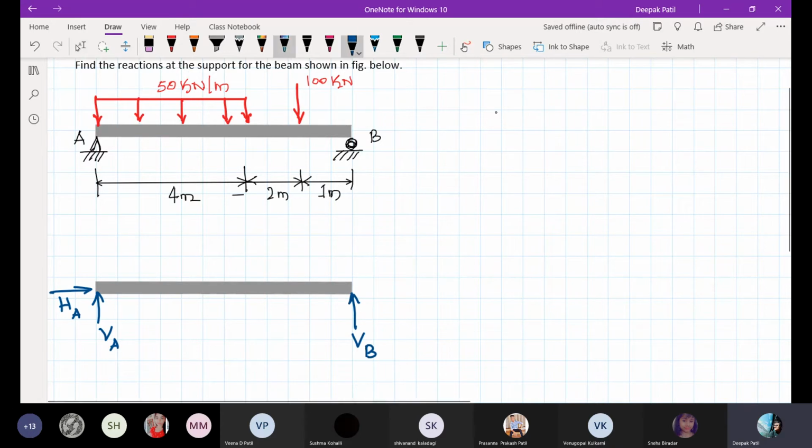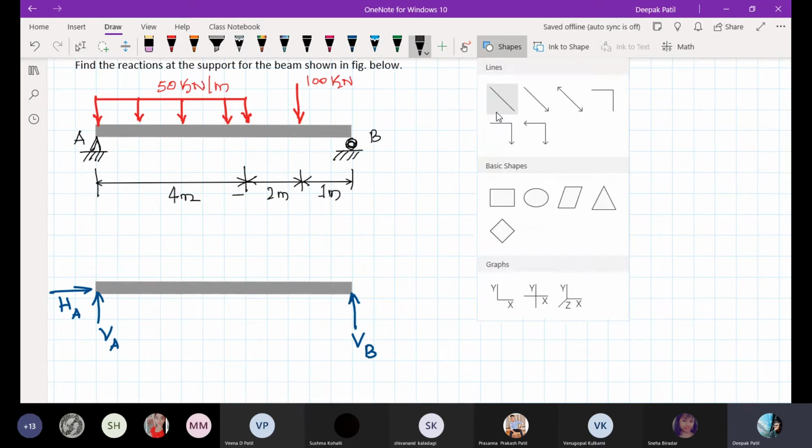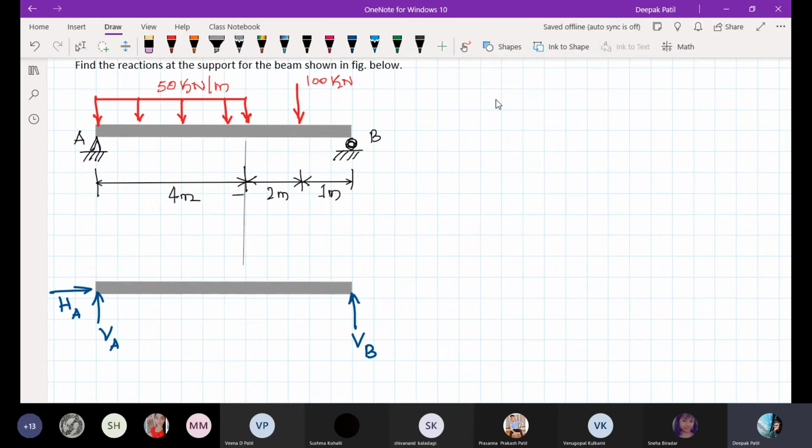Right. Now the next thing you should do is draw a line somewhere here, and also draw a line like this so that you will know where your UDL ends and where the line of the 100 kilonewton is. Now I need to convert this UDL to an equivalent point load.